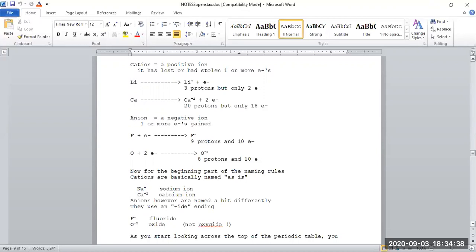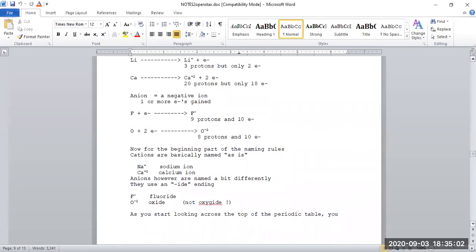The calcium would just be a calcium ion or a calcium cation. The anions, though, they get conjugated. They end up with a different suffix. So once I have attached an extra electron to my fluorine atom, it is no longer just fluorine, it is fluoride, as in that stuff that's in your toothpaste, okay?